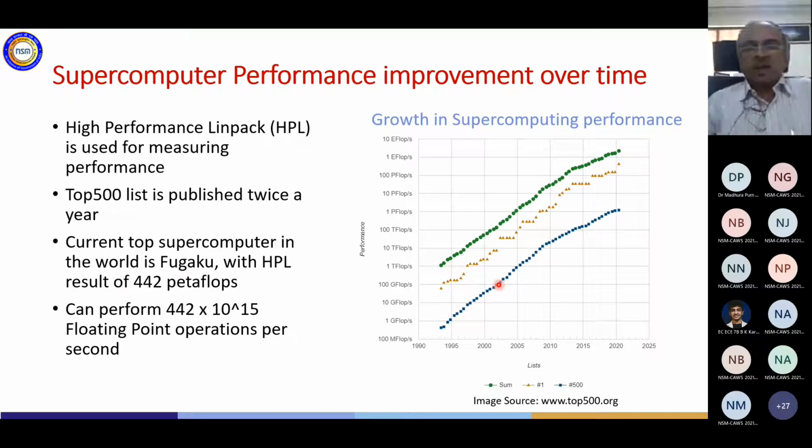Whatever time scale you take, 1 year, 2 years, you are going to get CPUs with better and better performance. So these are the two instances which show that computing performance has increased. And apart from Moore's law, the features that architects have added have contributed to the growth in performance.